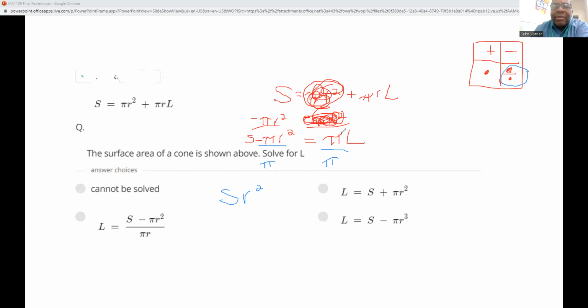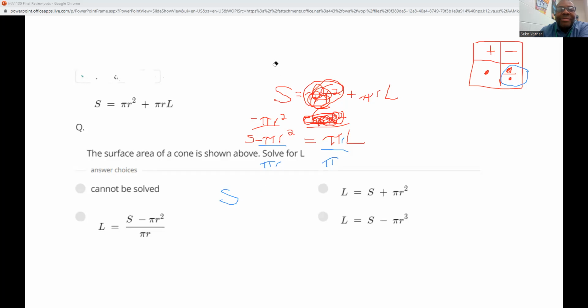I figured it out. There's supposed to be an R here. So I'm dividing by R. I caught my mistake. Hopefully you caught it before I did.